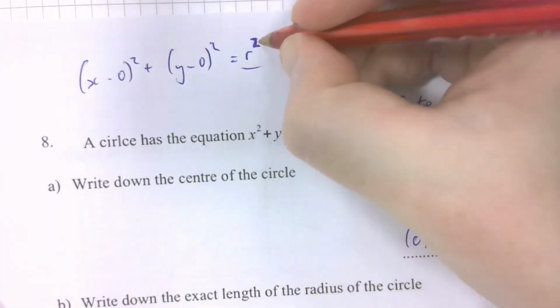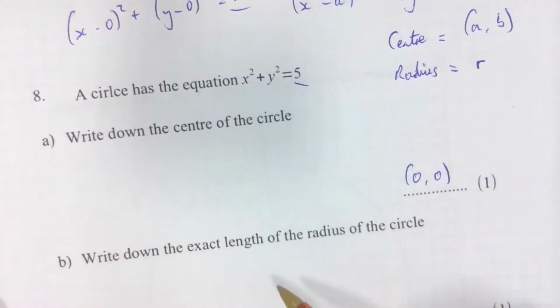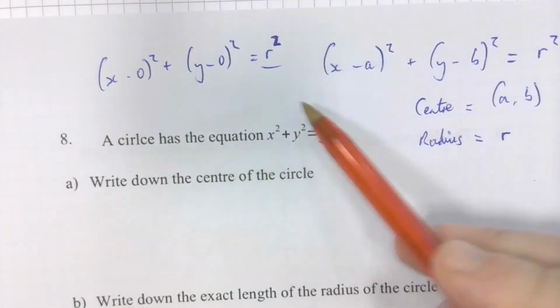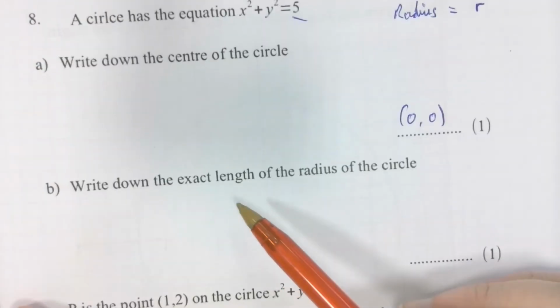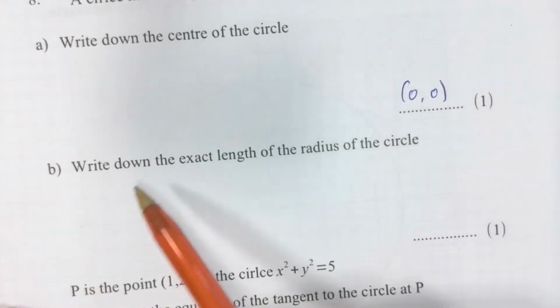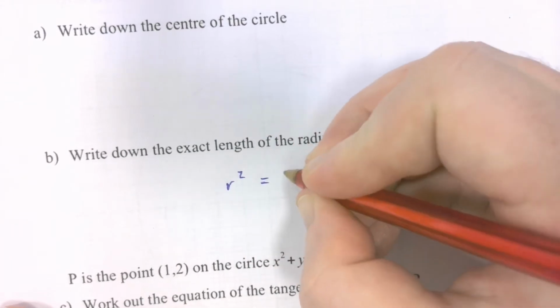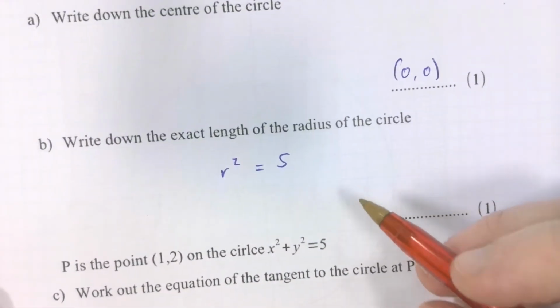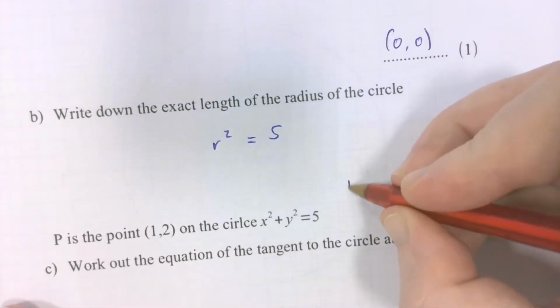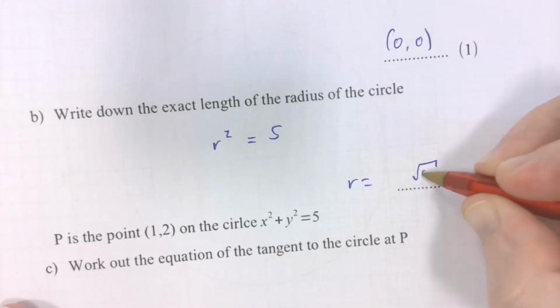So if r squared is 5, then the exact length of the radius, which is what the next part is asking us for, is the isolation of r, where r squared equals 5. Or in other words, the radius is the square root of 5.